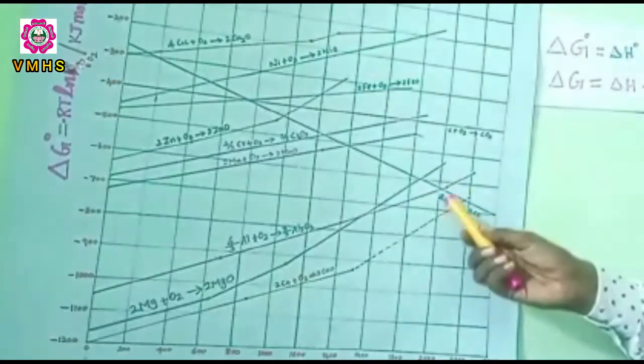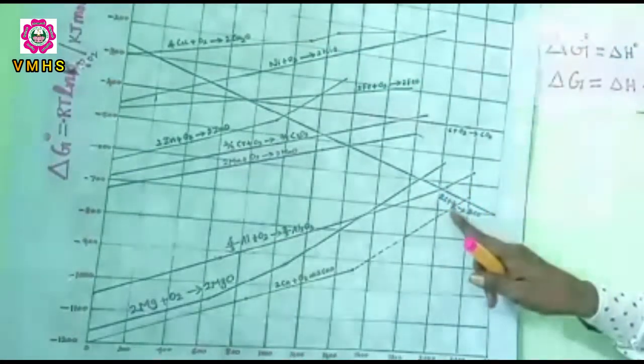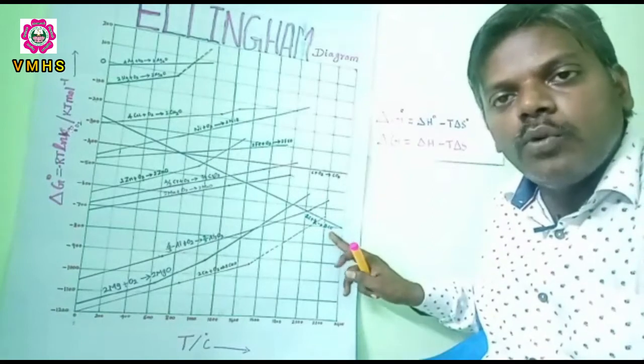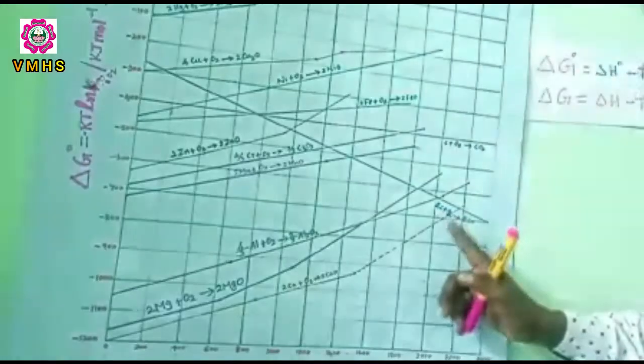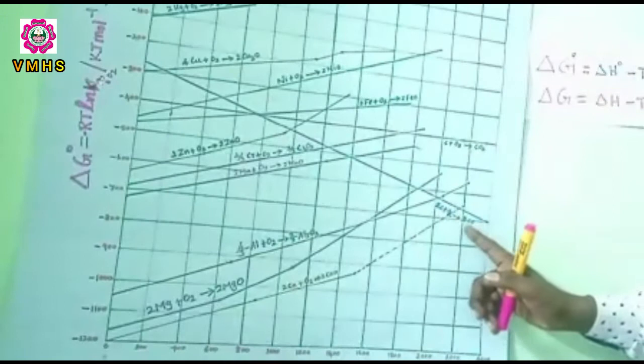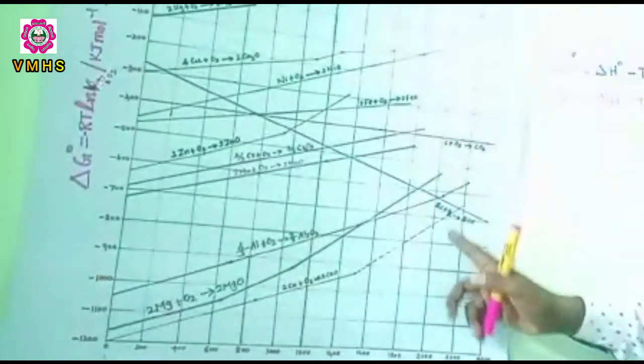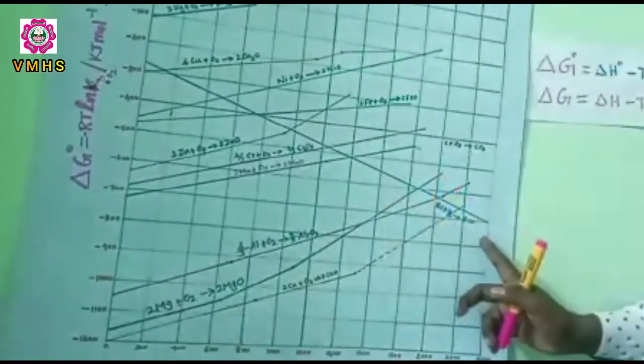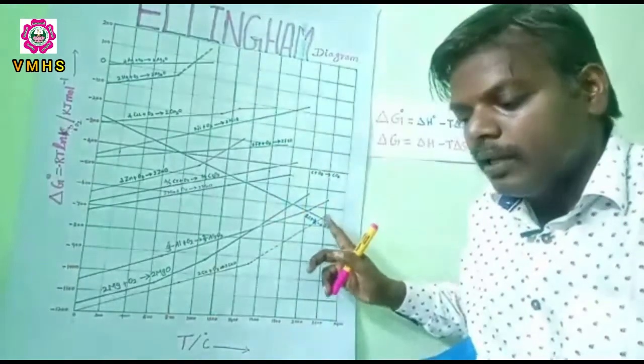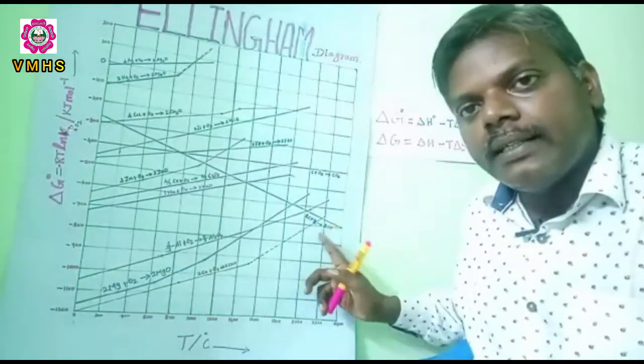By consumption of only 1 mole of oxygen, 2 moles of carbon monoxide are formed. It indicates that carbon monoxide is more stable at a higher temperature.